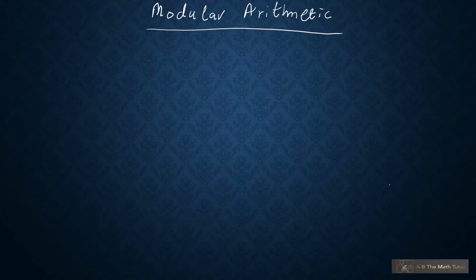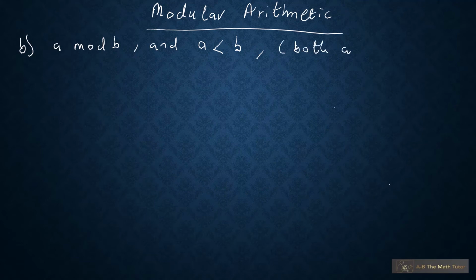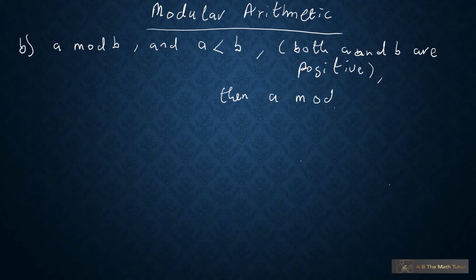Another rule is that if you have A mod B, and A is less than B, and both A and B are positive, then A mod B is A. This looks like a complicated sentence, but it's actually very, very simple.